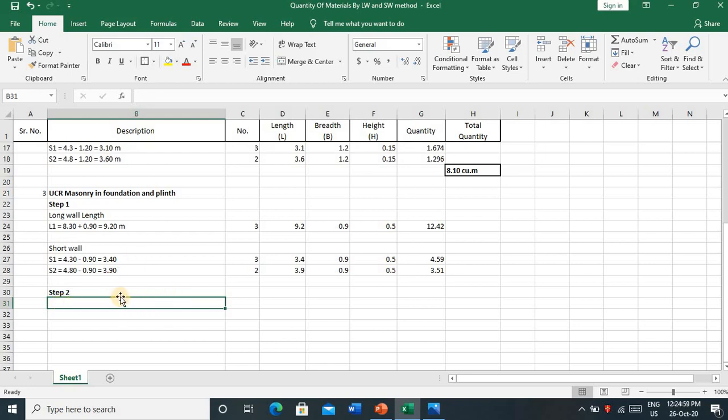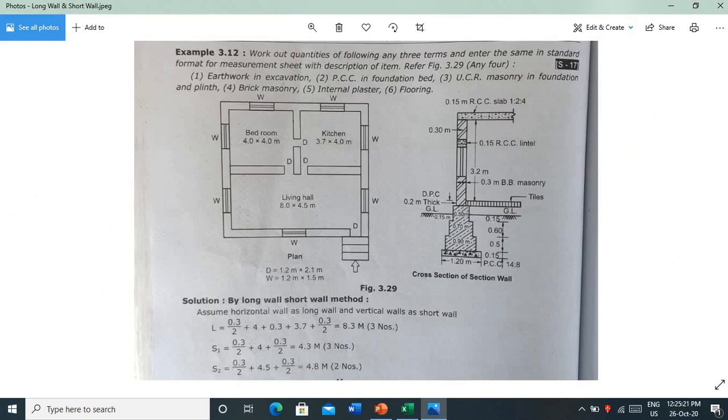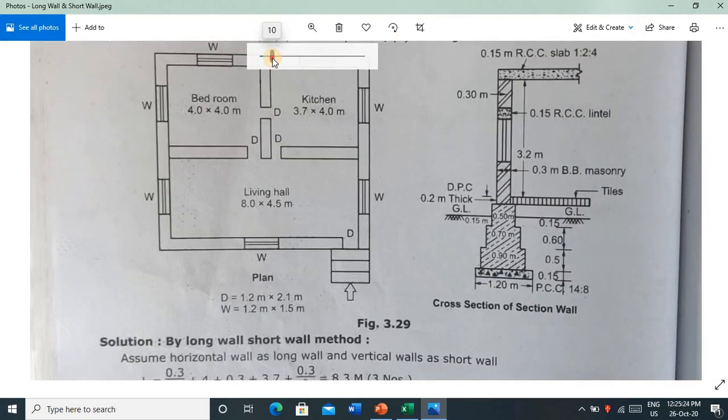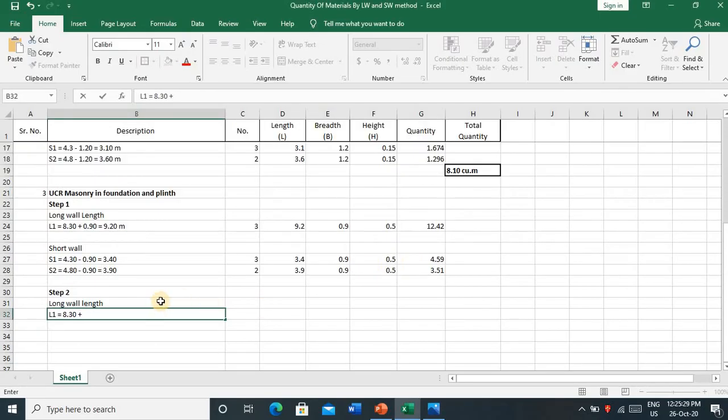Here long wall length L1 is 8.30 plus the width of the footing. For the second step, the width is given as 0.70, which comes to 9 meter.